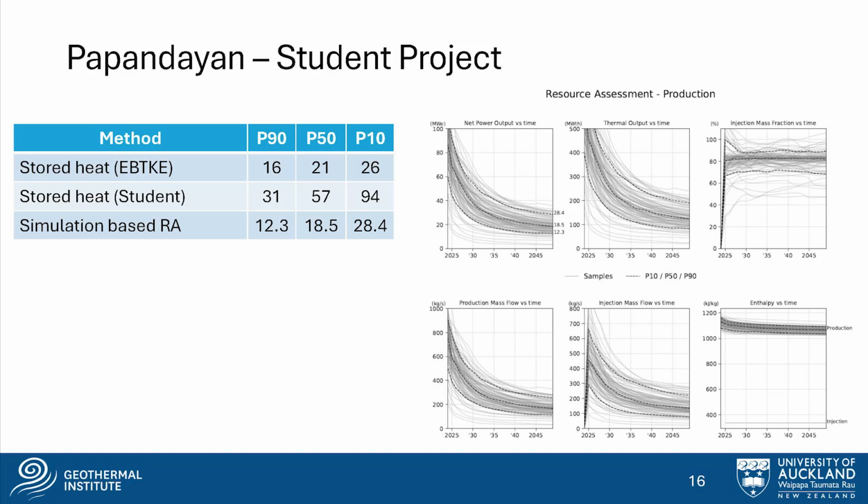Now, there's no way to account for that in the stored heat calculation except by setting a very low recovery factor, which there's no reason to do if you weren't aware of that wellbore physics. And what we saw with this new simulation-based resource assessment was that we got a much more realistic estimate of what the resource availability was.